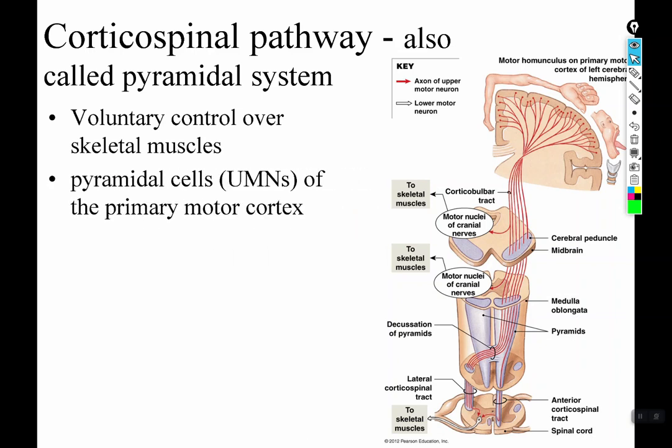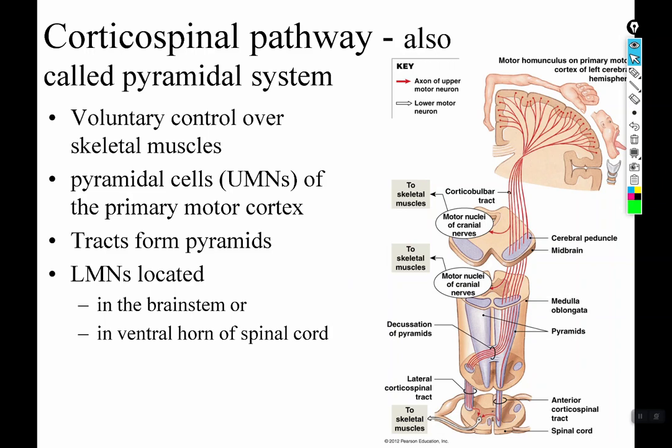So the corticospinal pathway in general provides you with voluntary control over your skeletal muscles. You form the motor program in the motor association area, and then you pass the motor program over to the motor homunculus on the precentral gyrus, which contains the pyramidal cells, which are the upper motor neurons that have their cell bodies in the primary motor cortex.